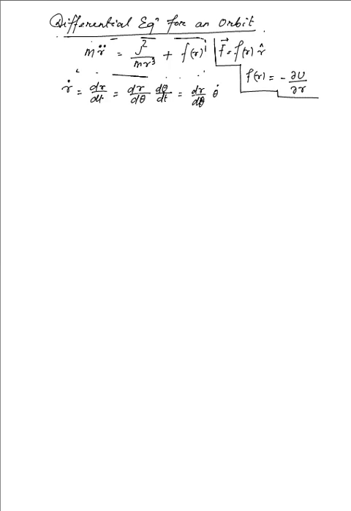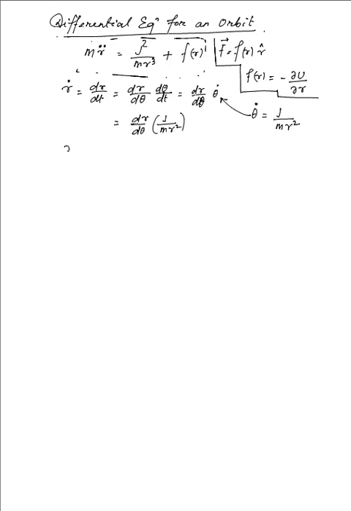So what was the value of theta dot that we had obtained in the previous video? That is equal to J divided by m r squared, and that is exactly what we are going to substitute over here. So for r dot, we'll have the value as dr by d theta times J divided by m r squared.